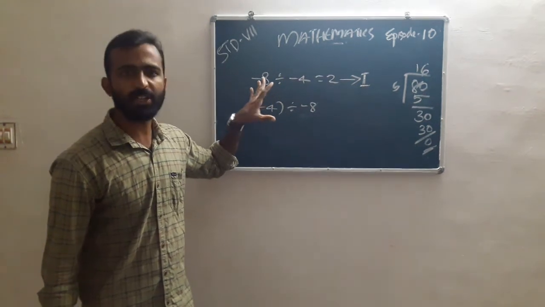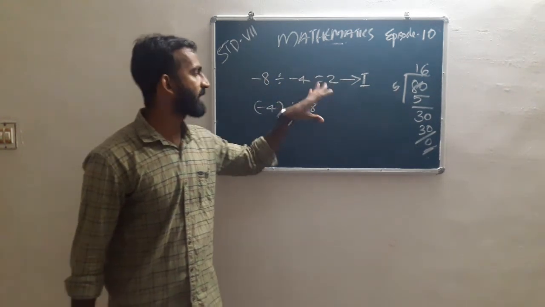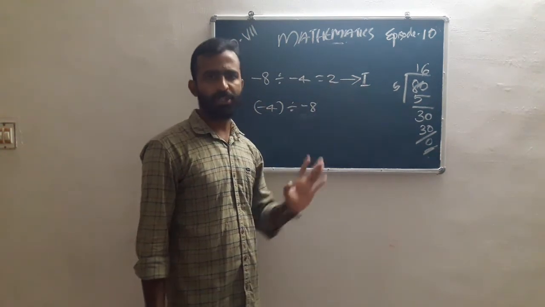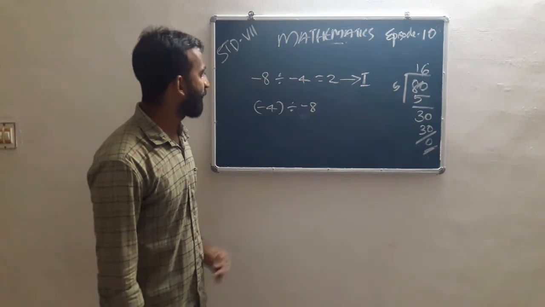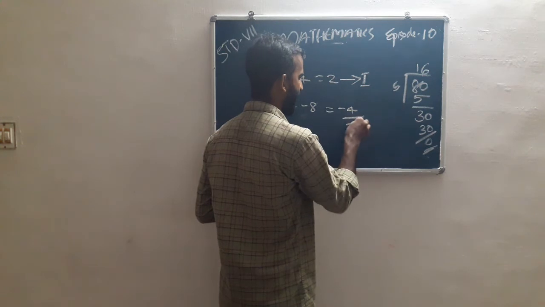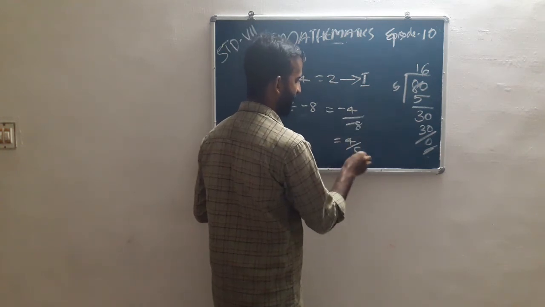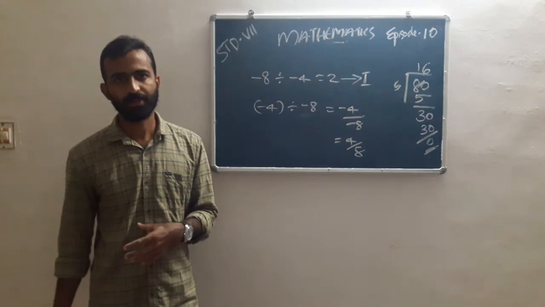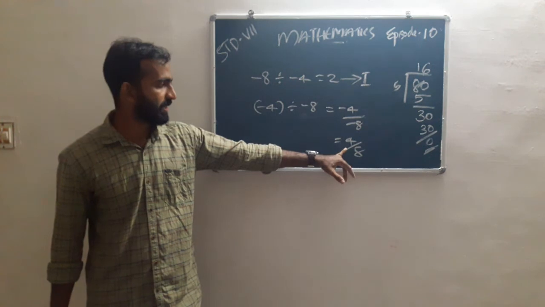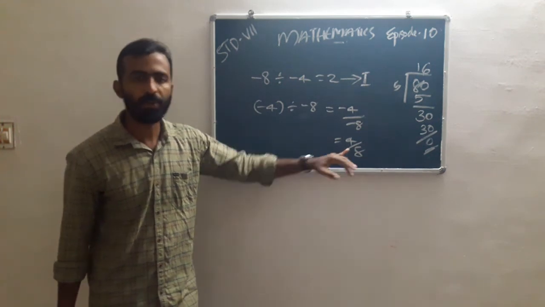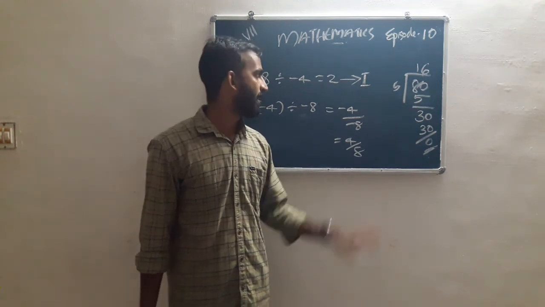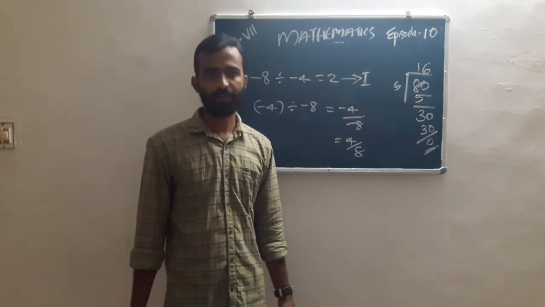Integers are denoted by I. When we divide negative 8 by negative 4, we get an integer. When we divide negative 4 by negative 8, we get 4 by 8. Is that an integer? No, the result is not an integer. But 2 is an integer.